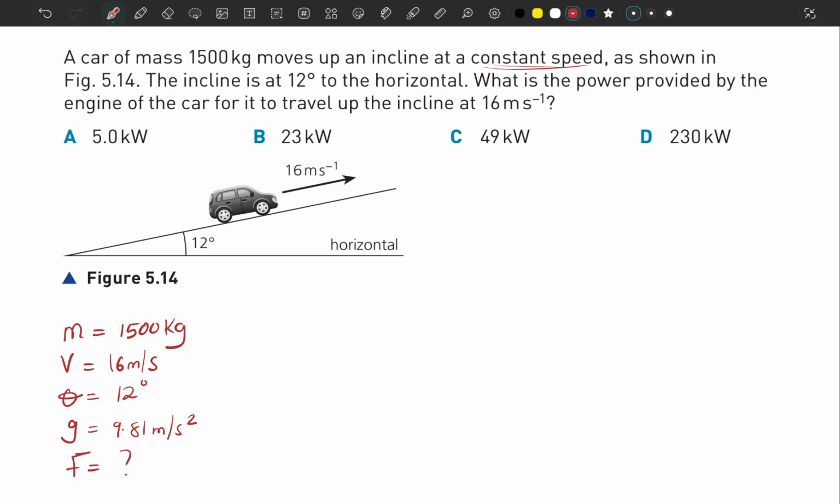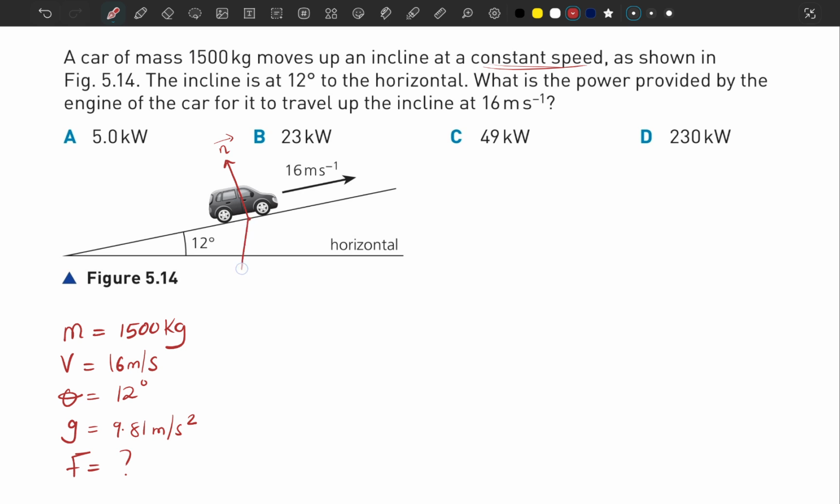Let's say this is the weight. Here we have the normal force, or we can call it N. That's the normal force.